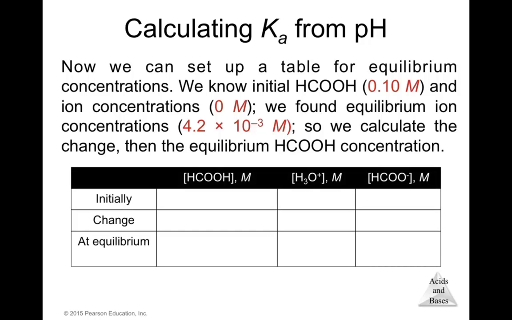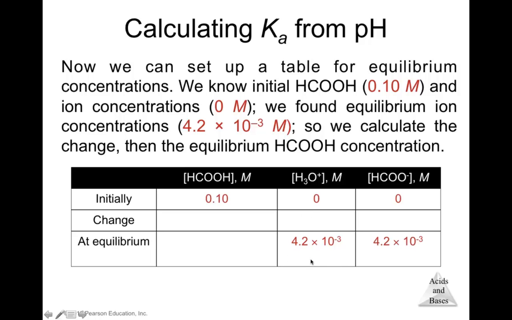So let's look at the table: initial, change, equilibrium. We have here the formic acid concentration, the H3O concentration, and the HCOO concentration. At the beginning, we have 0.1 molar of HCOOH, and we have 0 molar of H3O and zero concentration of HCOO. But we know that at equilibrium we have the concentration of H3O and HCOO.